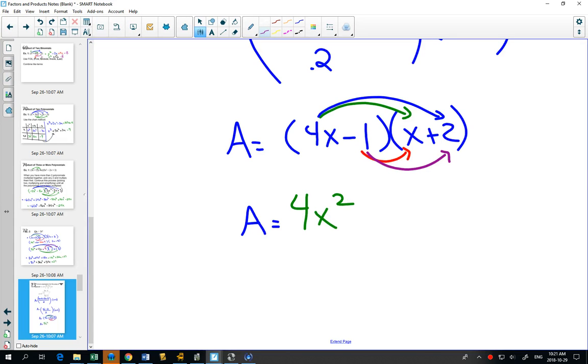I'm going to do the blue and red arrows at the same time. Are you okay that I got plus 7x? And then the last one's minus 2. And so that is an expression for the area.